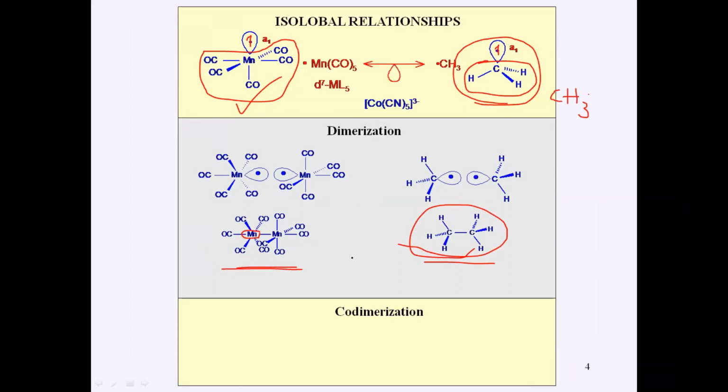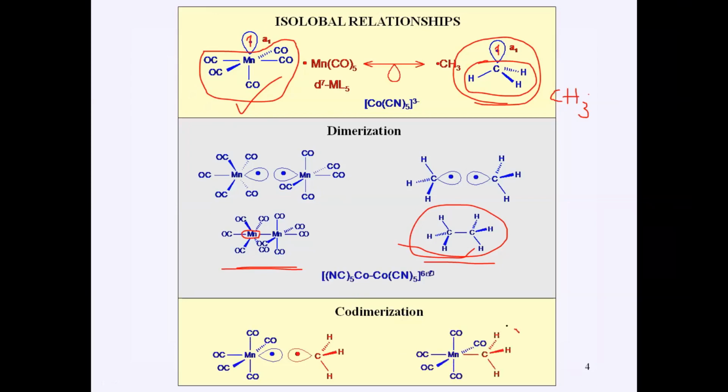Now, especially you can see co-dimerization. That means, like you see how we say co-education, similarly co-dimerization, where the organic part and inorganic part both join together to form this kind of molecule. Okay, theoretically you can write and check whether this is possible. Actually, it is possible. This complex is known: CH3 Mn(CO)5, Me.